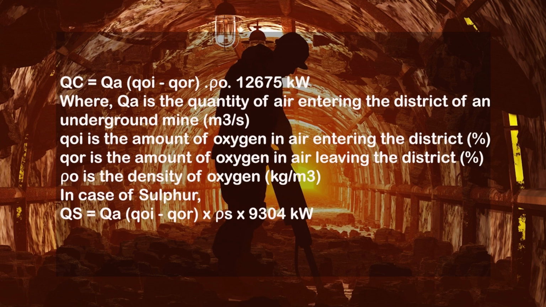Rho O is the density of oxygen in kg per meter cube, and multiplying this we calculate the mass rate of flow of oxygen in the panel or district of an underground mine. And mass into 12,675 kilojoule per kg calculated, we get this heat in kilowatt.